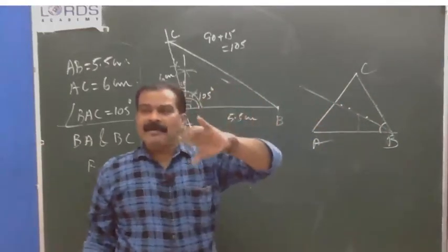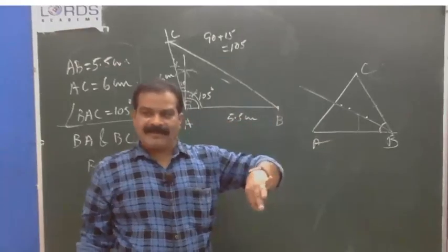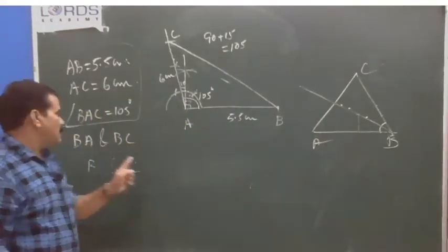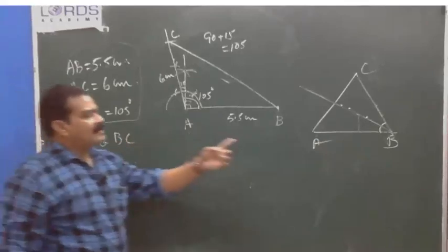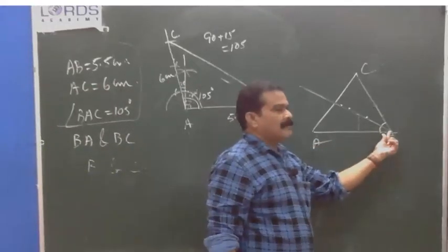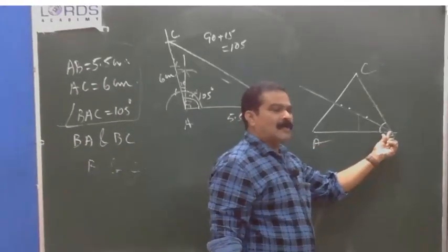When you have BA and BC, you take the common vertex B, take that angle, and draw the angle bisector.